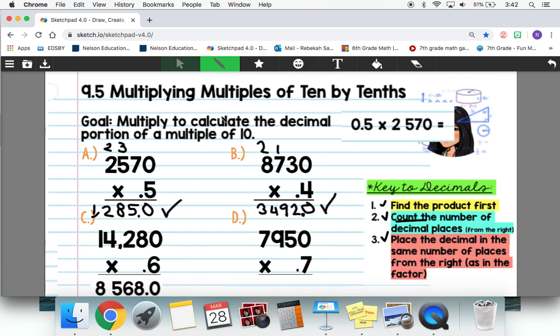Okay, if you got that right, put a check mark. Our last one, 7 tenths of 7,950 is 5,565. Okay, guys, and that is all we're learning today.